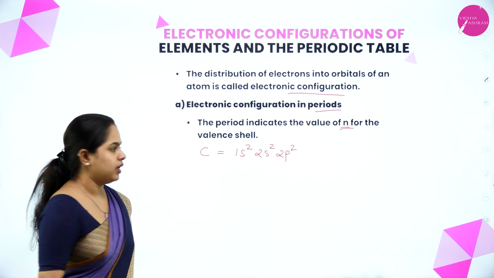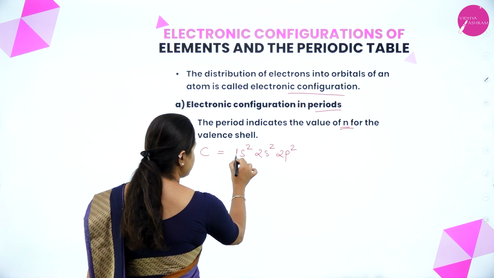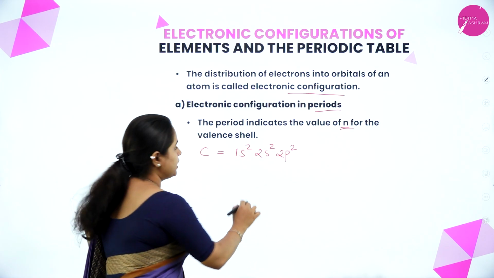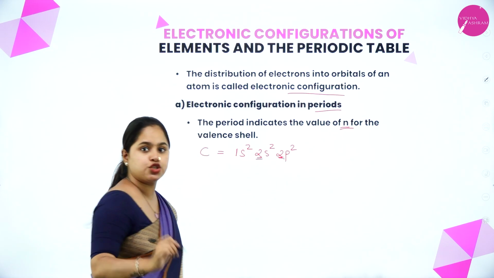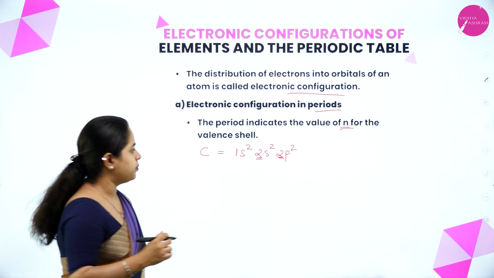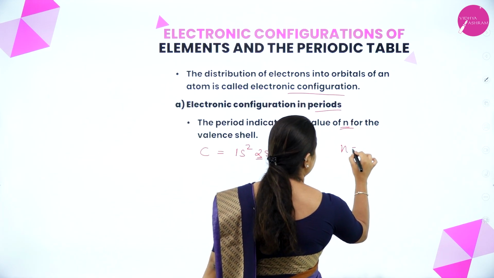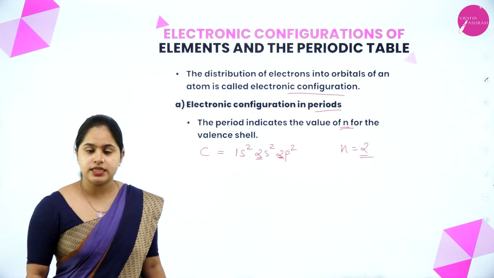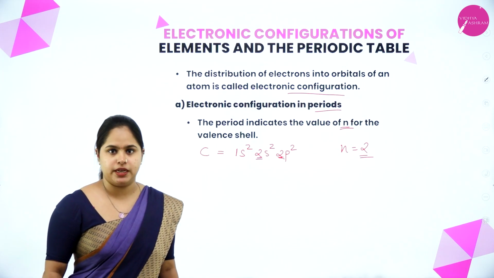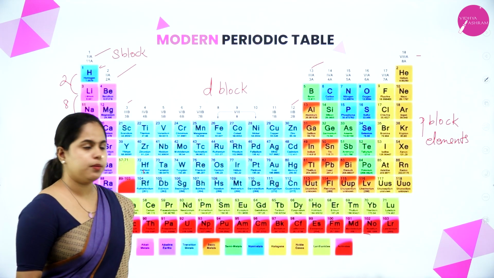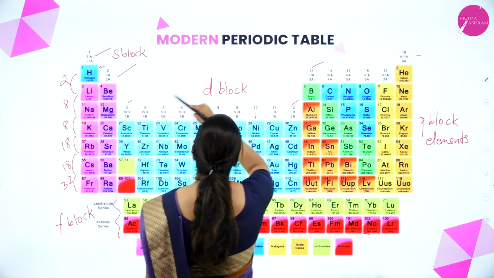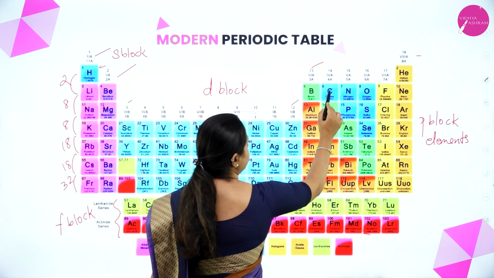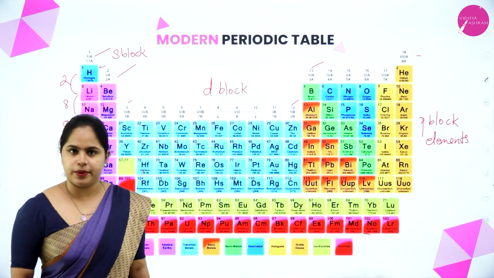The n value is 1 here and 2 here. The highest n value is 2, which means the period is 2. Carbon belongs to the second period. From the periodic table, you can see this is the first period and this is the second period.